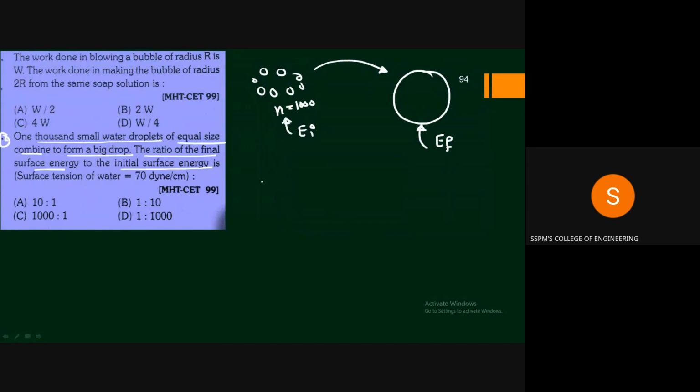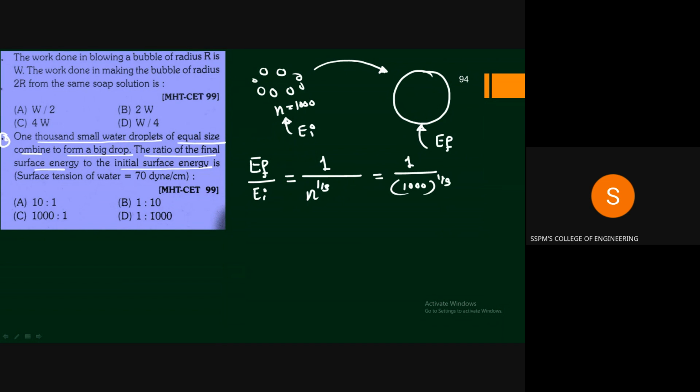Okay. So there is one straightforward formula. The ratio of final surface energy upon the initial surface energy is equal to 1 upon n raised to 1 by 3. Here n is given 1000. So this is 1 divided by 1000 raised to 1 by 3.